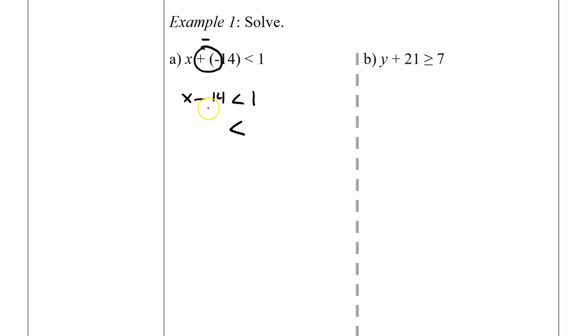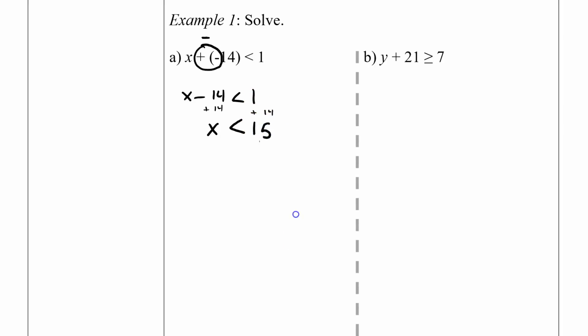We do the opposite sign, adding 14 to make negative 14 plus 14 zero, and I need to add 14 to the right side too. This is just an intermediary step; I'm expecting that you don't have to write in the extra little reminders. So x is less than 1 plus 14, which is 15.